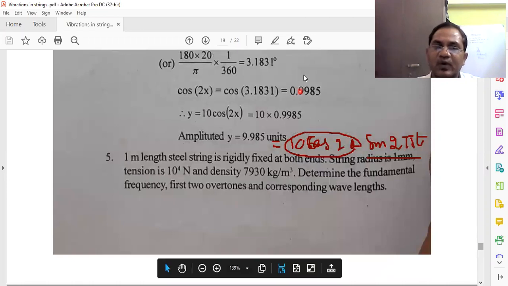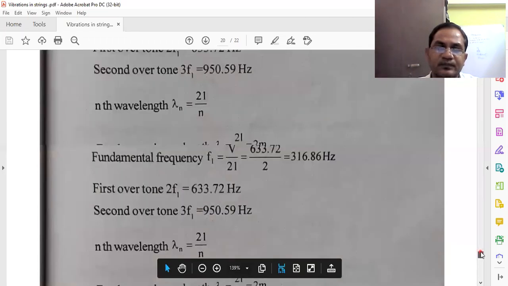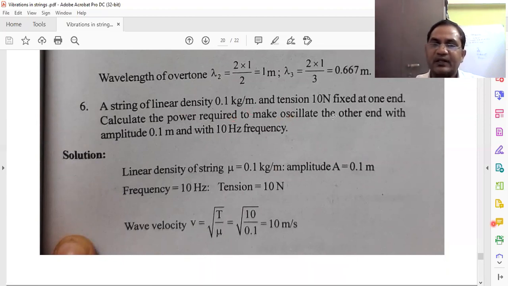Now, one more problem. A string of linear density 0.1 kg per meter and tension 10 newtons is fixed at one end.